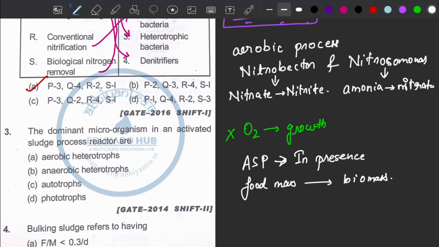Hence we can say that the dominating microorganisms in an activated sludge process reactor are aerobic heterotrophs. Why? Because heterotrophs need oxygen to convert the food mass into biomass. So the correct option will be option A, which is aerobic heterotrophs.